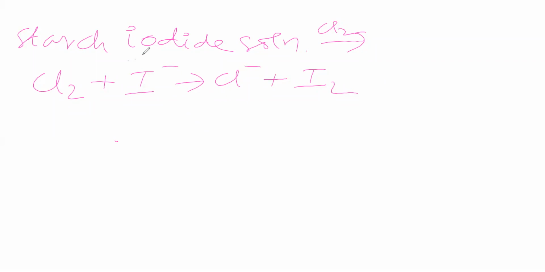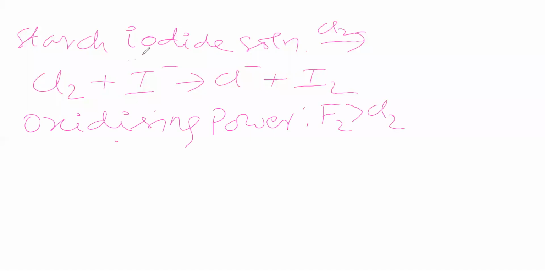The order of oxidizing power for halogens is F2 greater than Cl2 greater than Br2 greater than I2. Therefore Cl2 undergoes reduction and I minus undergoes oxidation.